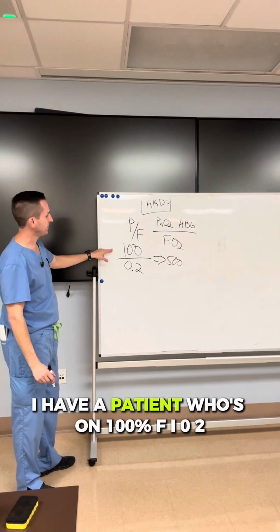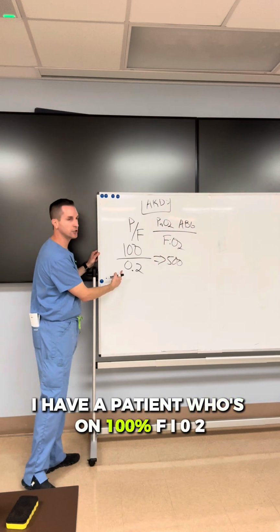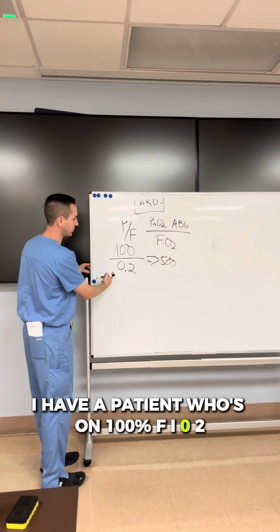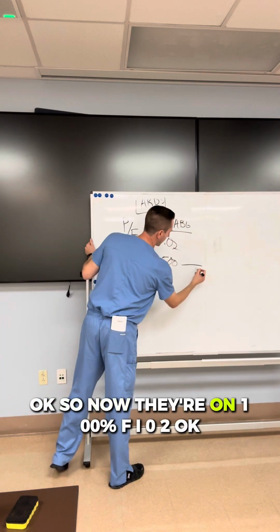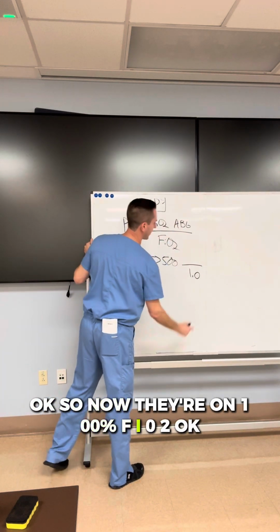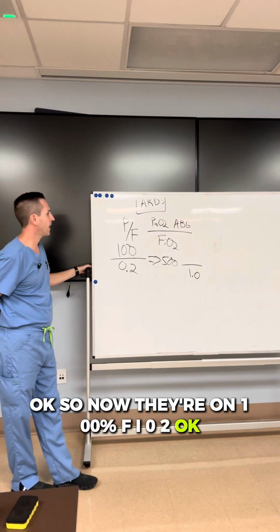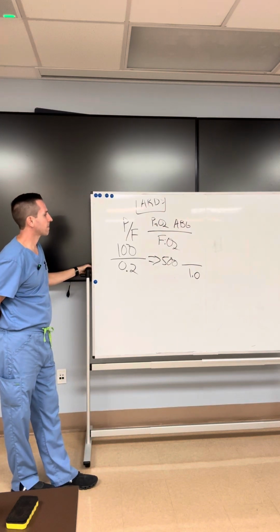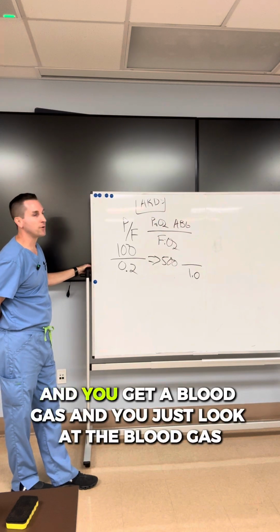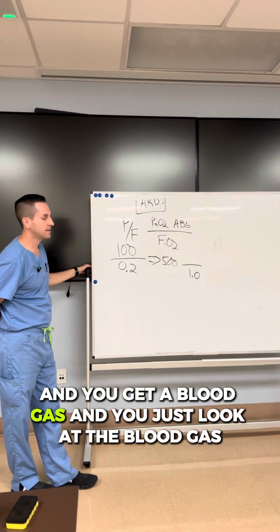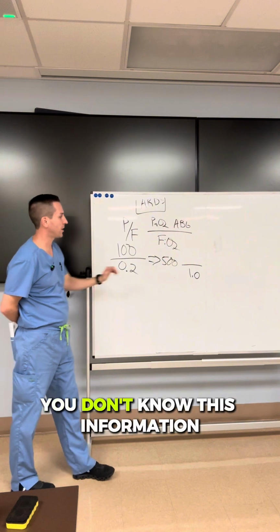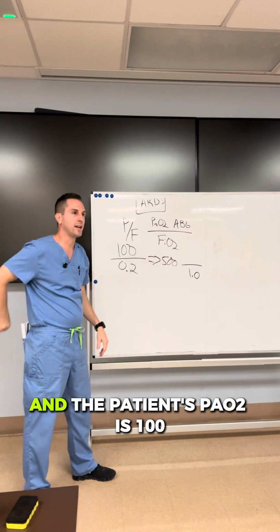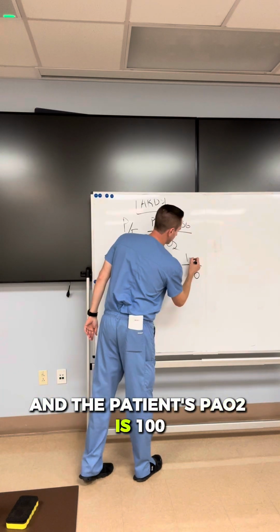Now, I have a question for you. I have a patient who's on 100% FiO2, okay? And you get a blood gas, and you just look at the blood gas. You don't know this information. And the patient's PaO2 is 100.